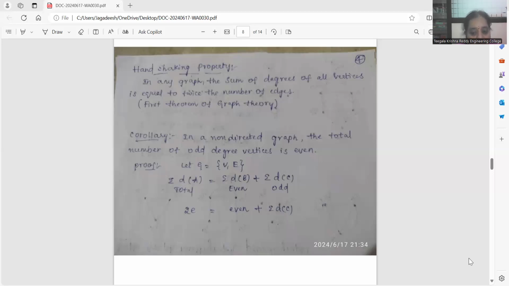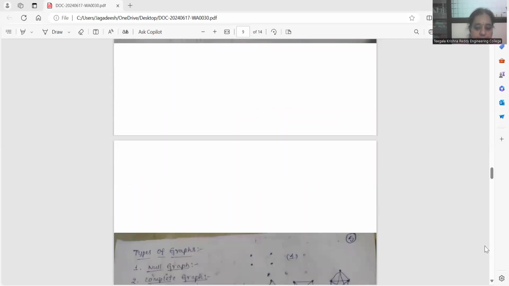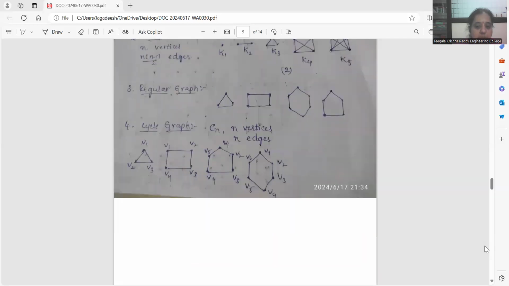If you take the right hand side, 2 into E, whatever the number of edges may be, either even or odd, since we are multiplying with 2, that is even only. So even minus even is obviously even. Therefore, the total number of odd degree vertices is also even.